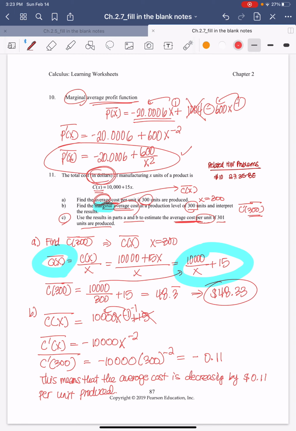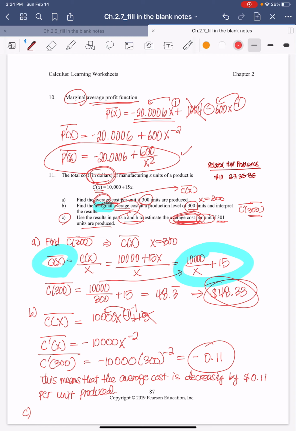So part C, I got A and B. They want you to use part A and B to estimate average cost per unit if 301 units are produced. We use 300, so what if we produce one more? Well, average cost per unit for the 301 unit will be this one, 48.33, but one more unit, I'm going to lose, right?